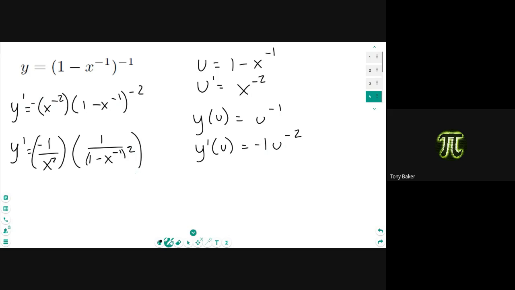So now let's work with just this. We'll clean the bottom up. So that becomes 1 minus 1 over x, which becomes x minus 1 over x, which becomes x minus 1 squared over x squared.